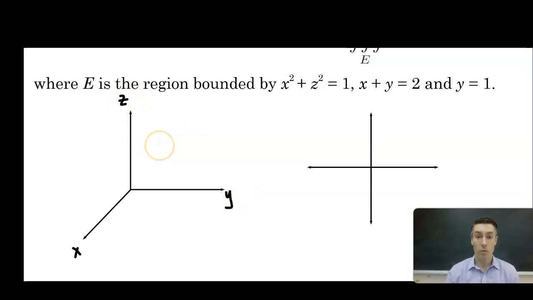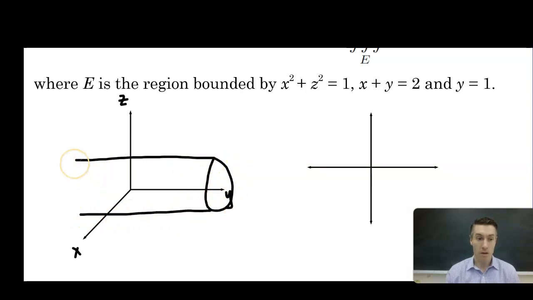Okay, so we have x squared plus z squared equals 1, which is a cylinder that goes around the y-axis, like that. And draw lightly, because we're going to have three surfaces, and then we'll have to figure out how they intersect. Then we have y equals 1, so that's the plane here.